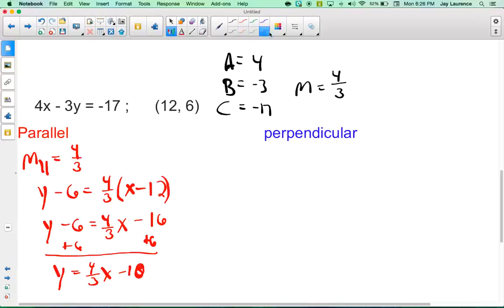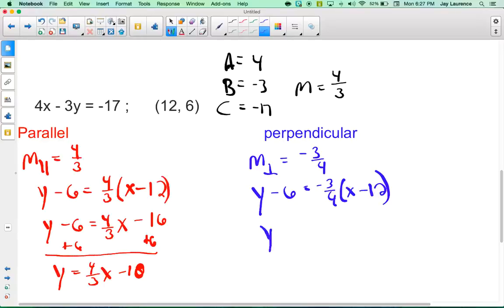To do perpendicular, I do the same exact thing. So I'm going to go m perpendicular, and I get the negative reciprocal for the slope, and that'll be -3/4. Now I write my point slope equation, y minus 6 equals -3/4 times the quantity of x minus 12.